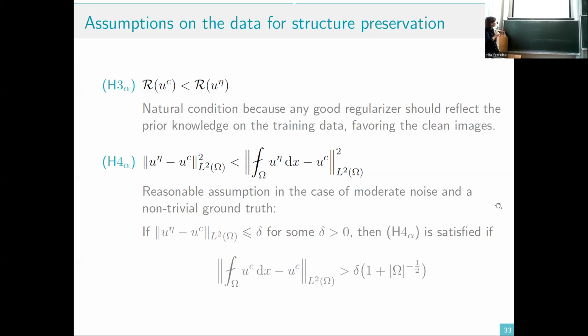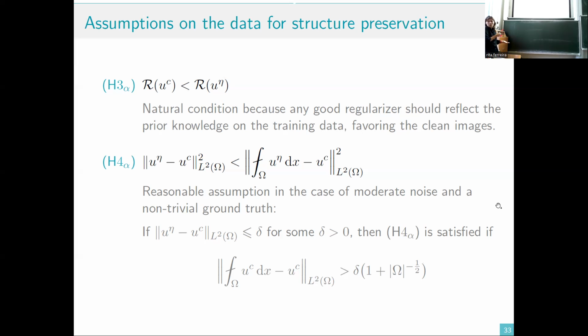Then there are these other conditions, which mean that the distance from your noisy image to the clean image is smaller than the distance from the noisy image to the average of the clean one. Again, there are cases in which we can prove that this is reasonable, namely if you have moderate noise, meaning the distance between the noisy image and the clean image is small, below a certain parameter delta.